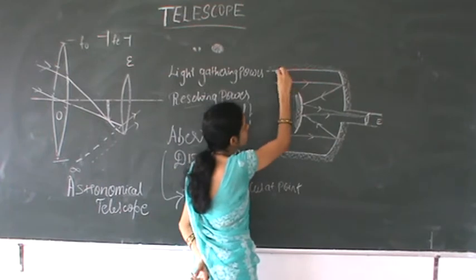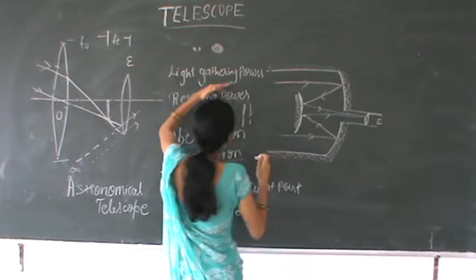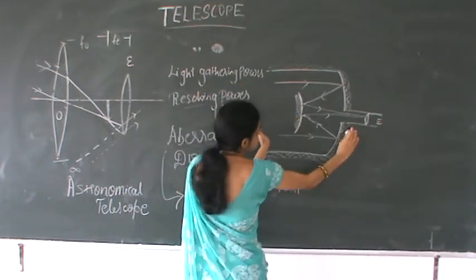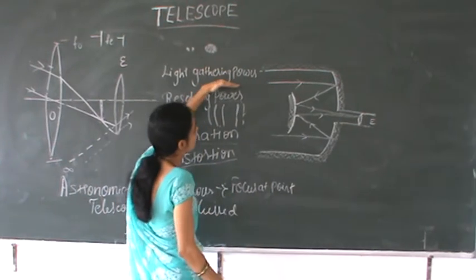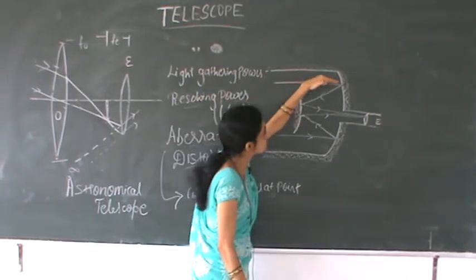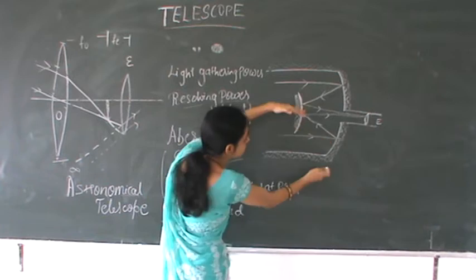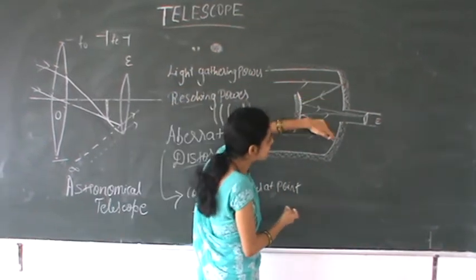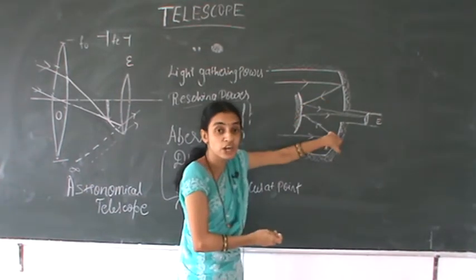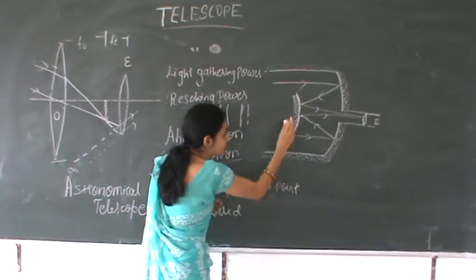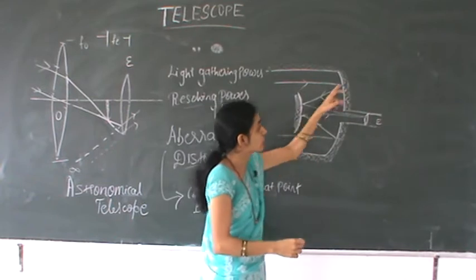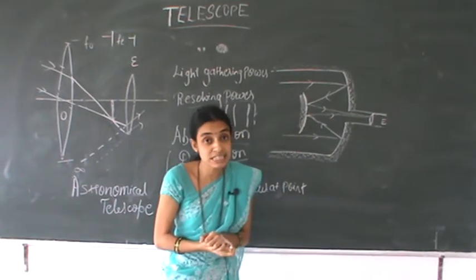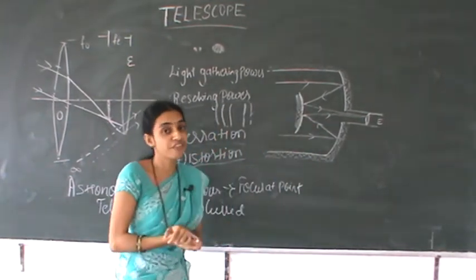Here, when we rotate this, the light ray passes through this tube and gets incident on the concave mirror. Which phenomenon occurs, reflection or refraction?